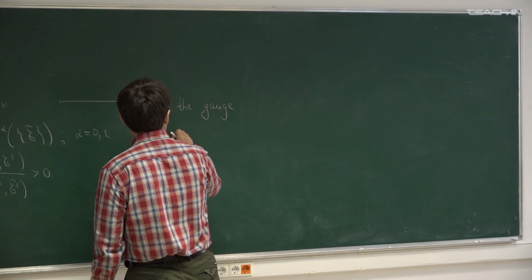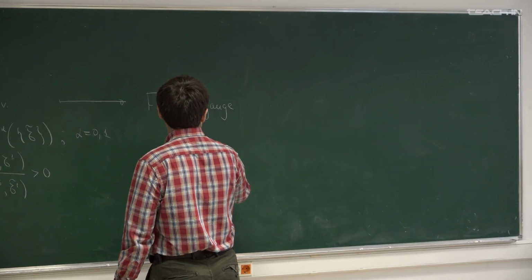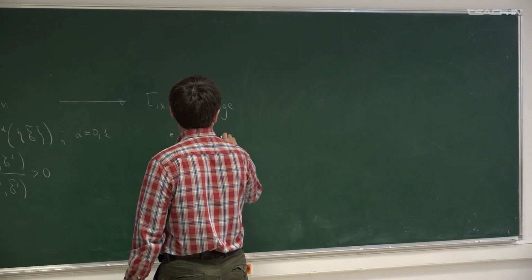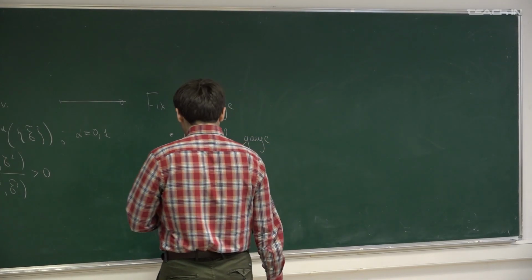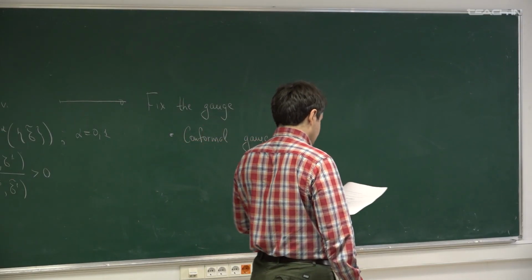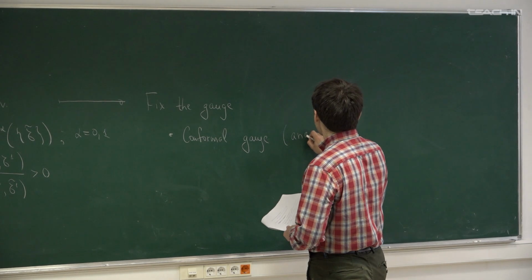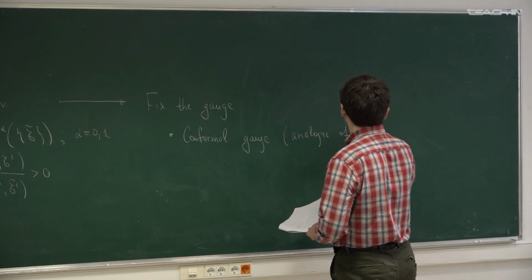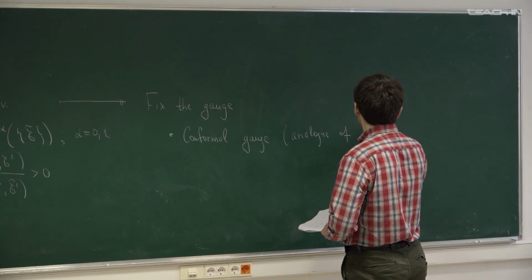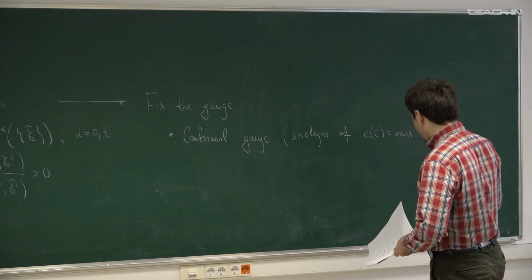So one is called conformal gauge. This is some kind of analog of the gauge where we set e of tau equals a constant for the particle case.